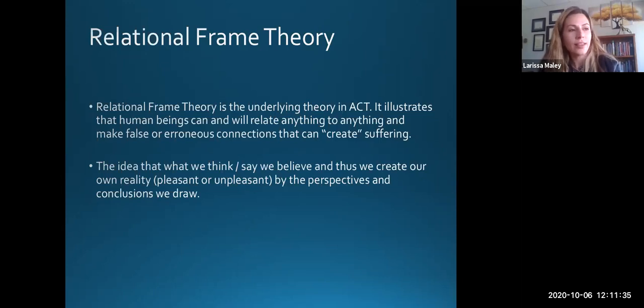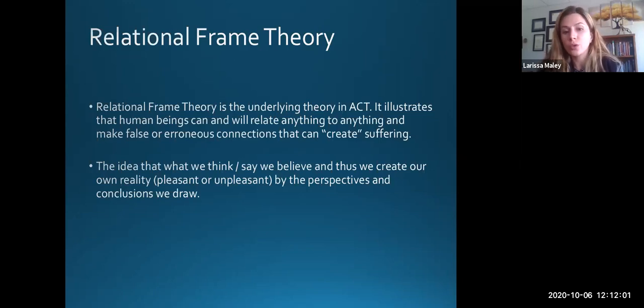And we can break that down in session for people so they can see how false that is. But unfortunately, this is our default. This is the default in how our brain operates. So when we say, I can't fill in the blank, or I can't stand it, I won't be able to, any number of those kinds of statements, we literally believe that to be true.